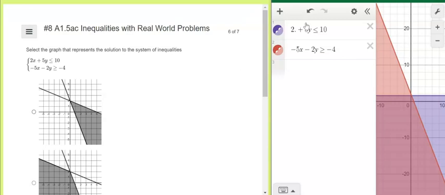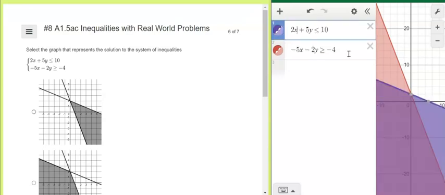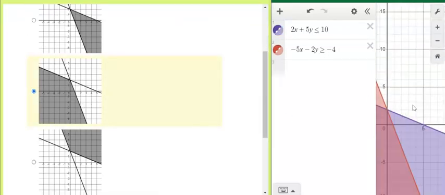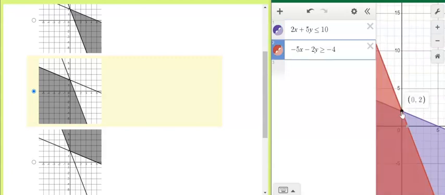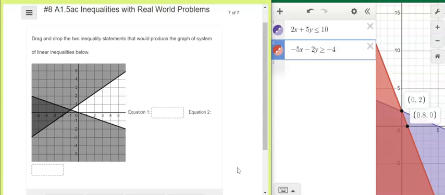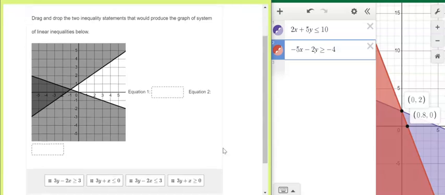I think I did something wrong. Oh yeah. Right there. Okay, it's this part right here. So I think it's this one, but let me just check, see where they cross each other. Is it a 2? Yeah, and then it's kind of like 0.8. Yep, that's the one. Okay, so be careful with these. They're super easy in Desmos, but still we want to make sure to choose the right equation.